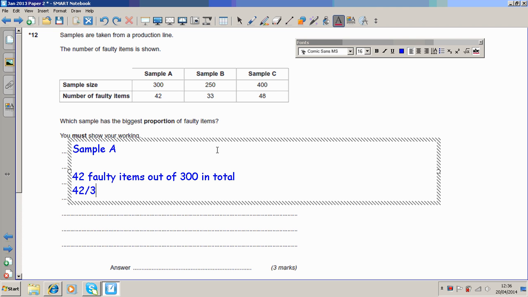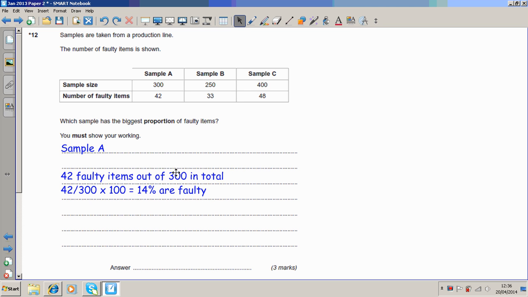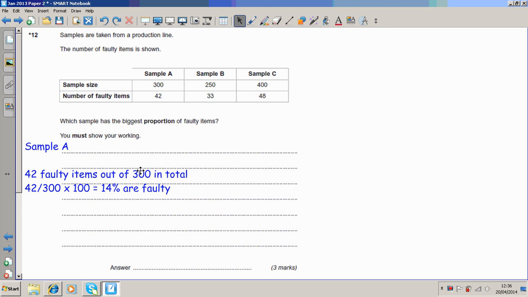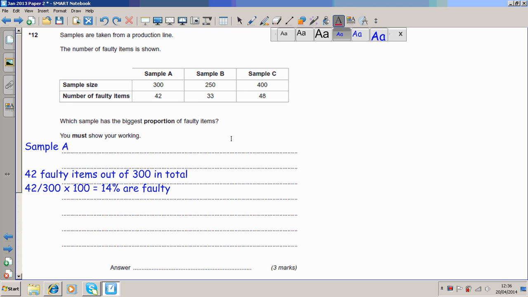So 42 divided by 300, and then times by 100 is going to give us that as a percentage. 42 divided by 300 times 100 is 14% faulty. So what we do once we've done that is just do the same for each of the samples. There's sample A, shuffle it over there, and then we'll do sample B.